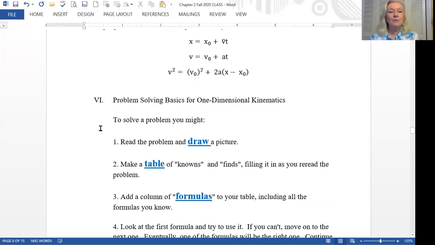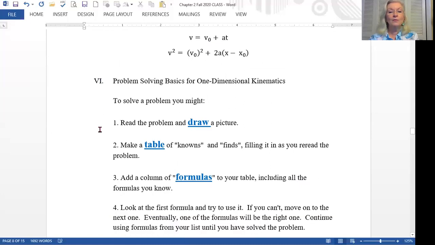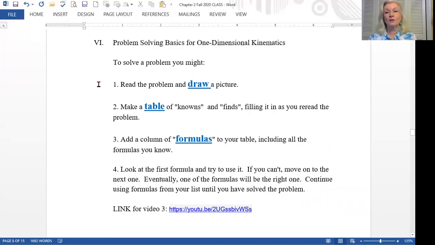So how are we going to solve? To solve a problem, you want to read the problem, and if it looks like a picture would help you, you want to draw a picture. Sometimes it's useful, sometimes it's not. But it is really important to make a table of what you know and what you're trying to find, and you want to make also a column for formulas, because I tend to forget I know a formula in the middle of a problem if I don't write it down at the very beginning.